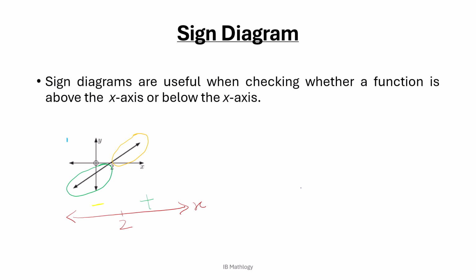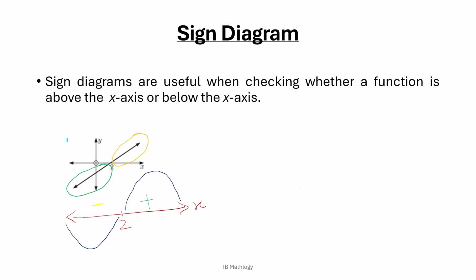It means my function is negative, or f(x) is less than 0, for all the values less than 2. And my function is positive, or f(x) is greater than 0, for all the values greater than 2. What is important to note here is that there is no need to draw the curves, but the representation of these positive and negative signs is a must.